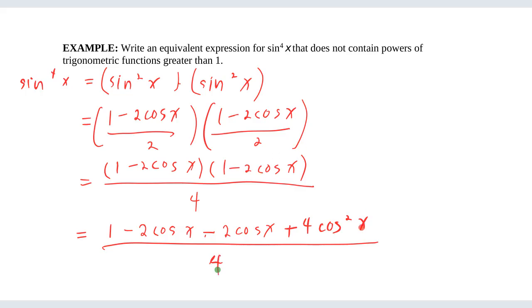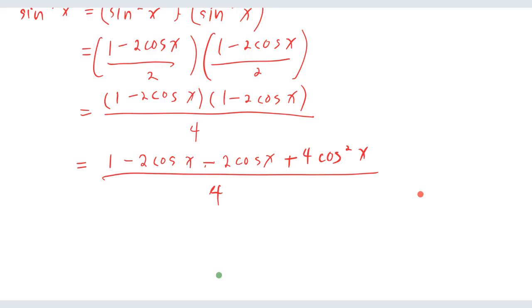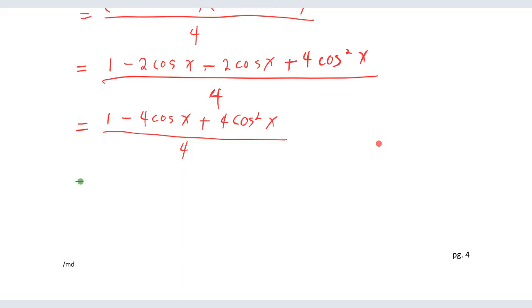So now I will have to combine the like terms, which is the 2 cosine x: 1 minus 4 cosine x plus 4 cosine squared x, all over 4. Now I am going to distribute this 4 to each of these terms, just to make it look simple.